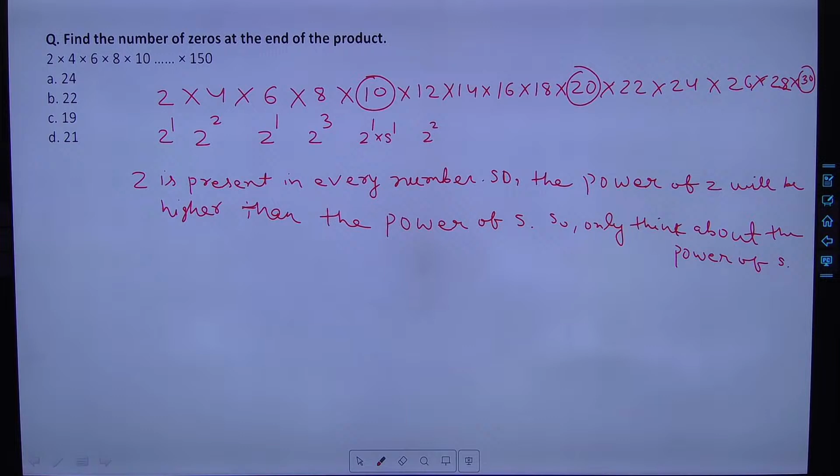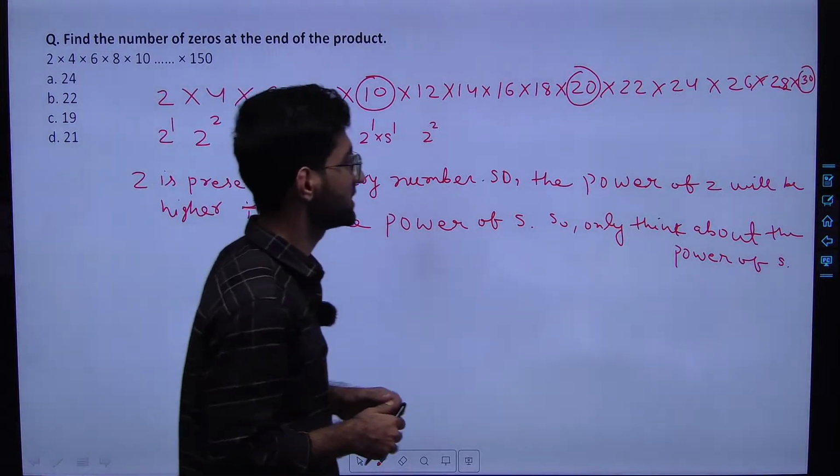Okay, everyone should try to answer that. What is the number of zeros at the end of this product?